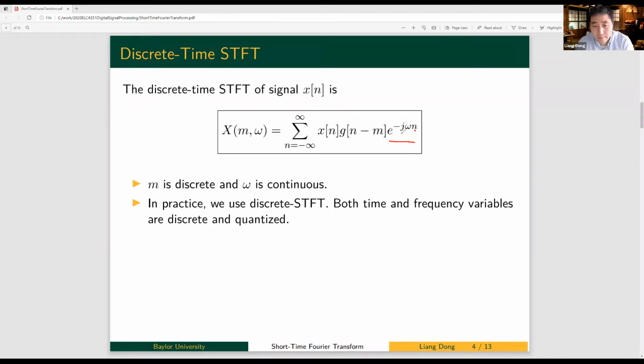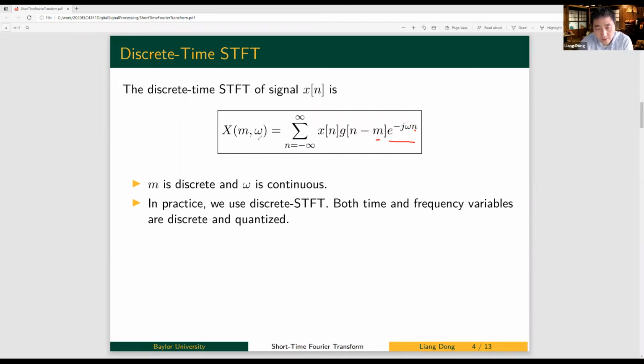What this implies is that the frequency domain is still continuous. Continuous in frequency, but discretized in time. And then the time shift is also discretized as an integer m. So we have this summation for the discrete time short-time Fourier transform. Here m is discrete and omega is still continuous.